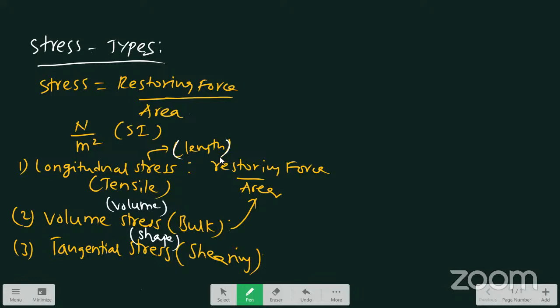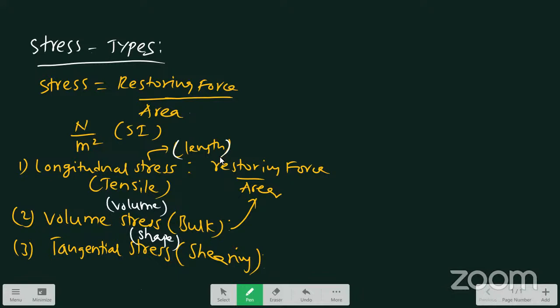Again, I am repeating. Explain stress types with the definition of stress. Define stress. Explain various types. What is stress? Deformation force is applied. The deformation part is all secondary. Just the ratio between restoring force and area. Everywhere, restoring force per area.